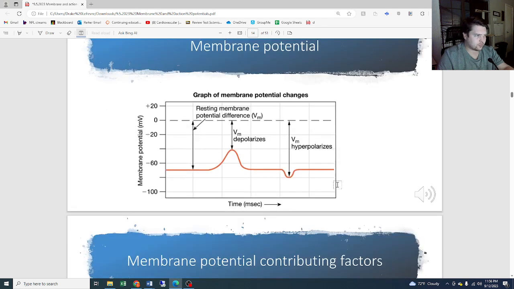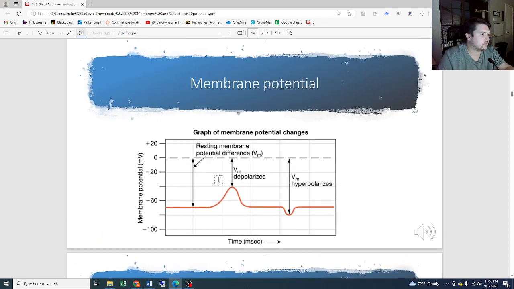This graph also shows something called depolarization and hyperpolarization. With all these cells, we have a resting membrane potential. This is where, when nothing is happening, those cells sit at that voltage.